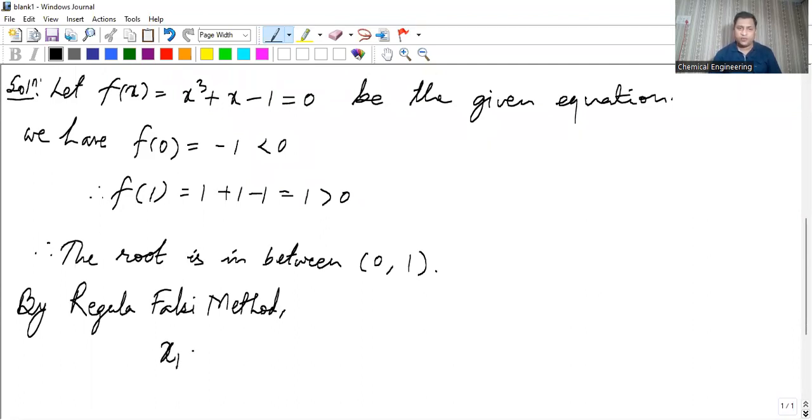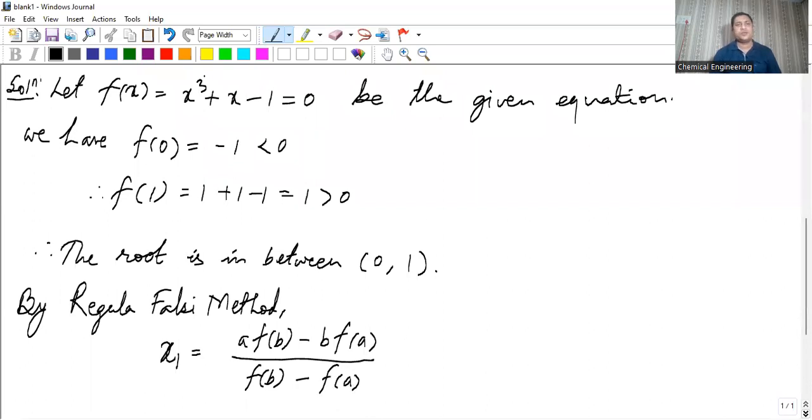The first approximation is given by the formula: a f of b minus b f of a, divided by f of b minus f of a. Here a is equal to 0 and b is equal to 1, because the root lies between a and b.